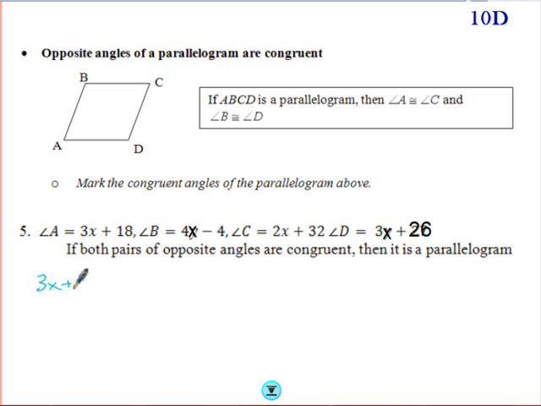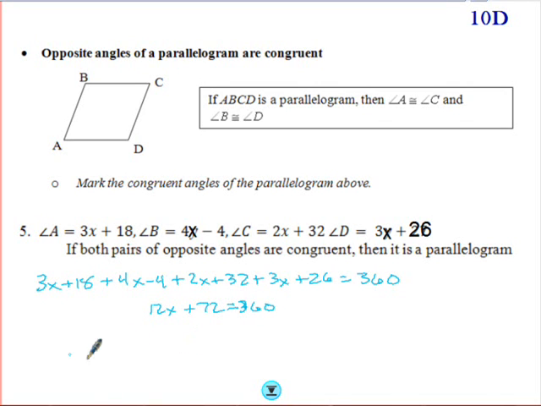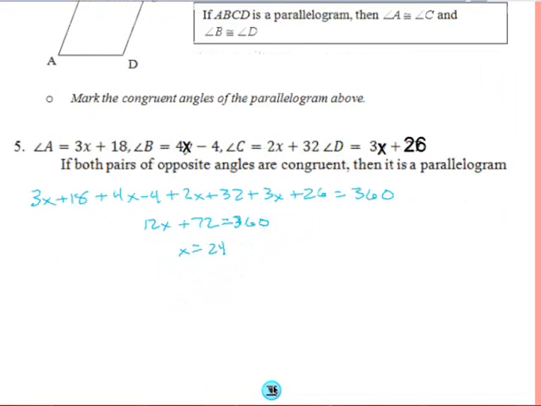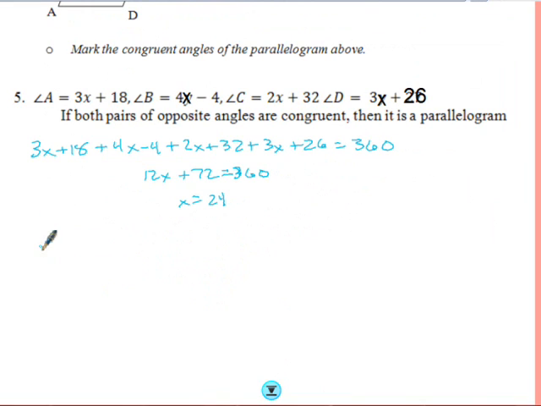I'm going to do 3x plus 18 plus 4x minus 4 plus 2x plus 32 plus 3x plus 26 and get 360. I combine like terms and I get 12x plus 72 equals 360. Then I solve for x and I get x equals 24. Now I'm going to plug that 24 in for each of the angles.